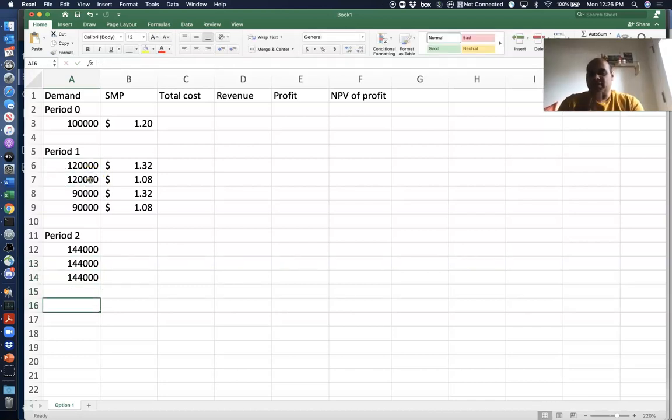I'm going to use the same cell here. Now for the 96, I'm going to say there is a 20% decrease in this. There is a 20% increase from this.